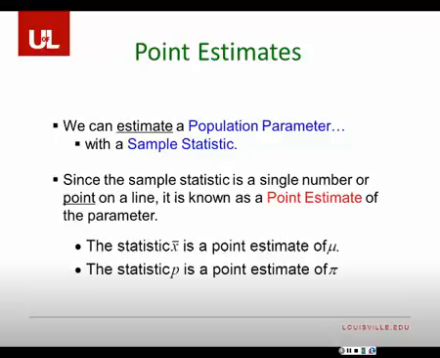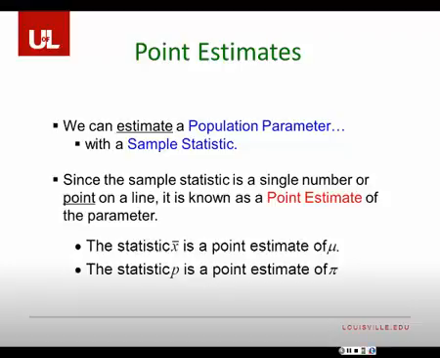Since the sample statistic is a single number, or a point on a line, it is known as a point estimate of the parameter. A sample statistic has noise to it. Remember from the end of last class, I was pulling samples from 150 observations, 27 at a time, and calculating means. Those means were varying each time.